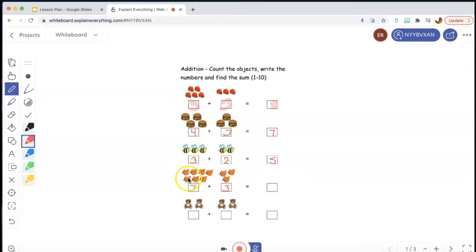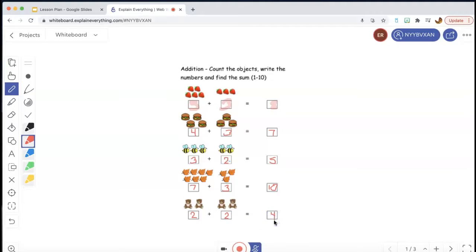That equals 1, 2, 3, 4, 5, 6, 7, 8, 9, and 10. The last one is 2 plus 2, which equals 1, 2, 3, and 4.